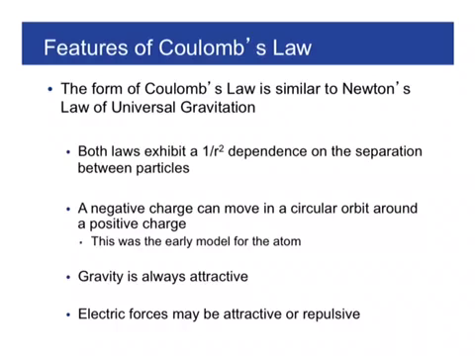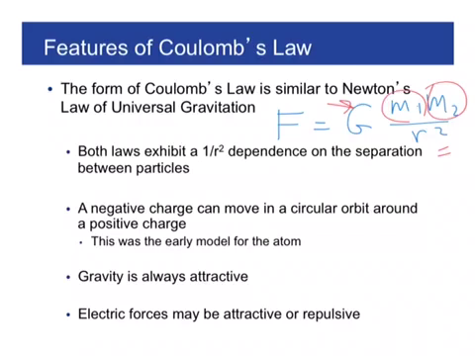The form of Coulomb's law is very similar to Newton's law of universal gravitation. If you remember Newton's law of universal gravitation, it was equal to G times m1 m2 over r squared. Here's the similarity: r squared in both cases, a property of the first object, a property of the second object, and some kind of constant in front.